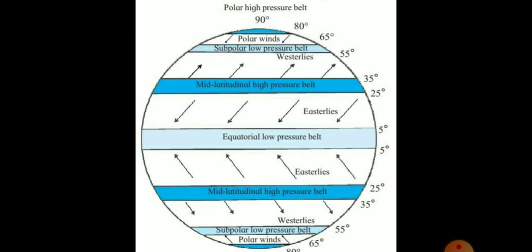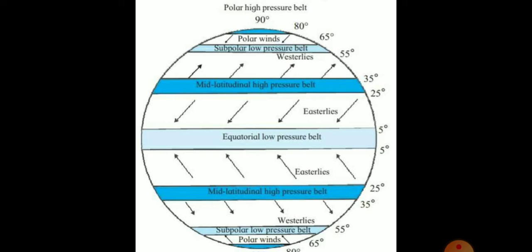If you observe, in the northern side it is the subpolar low pressure belt, and in the southern side it is also the subpolar low pressure belt. If you see both the north and south, the belt names are the same except for the equatorial low pressure belt.